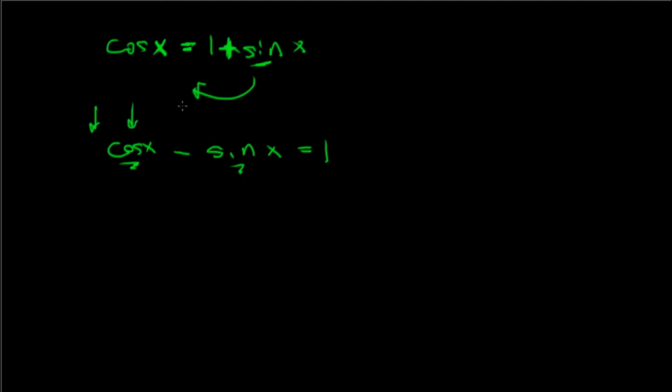cosine, cosine, sine, sine, sine kind of have the sum and difference formula right here. The goal is how can I make that? So if you think about it, we need something here and something here so that we can generate that formula.